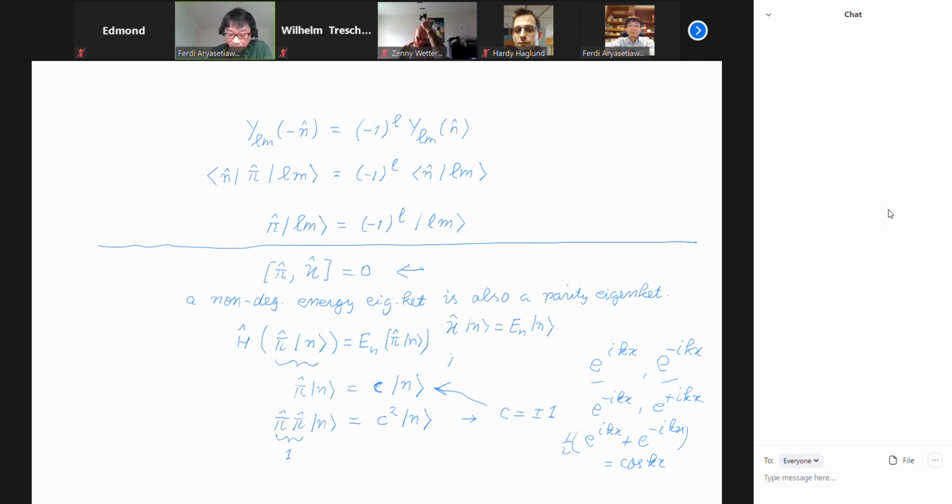So because of the commutativity of the parity with respect to the Hamiltonian, we can always construct simultaneous eigenkets with the proper symmetry. But they don't have to have this symmetry if the states are degenerate. But if the state is non-degenerate, then it must have a well-defined parity.